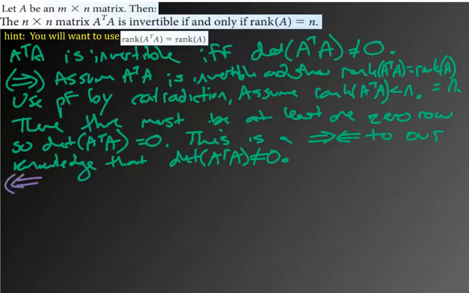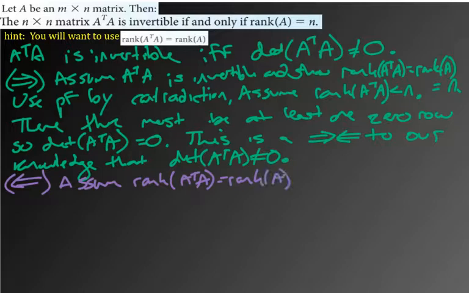So for the reverse direction, pretty similar. So we're going to assume the rank of A transpose A, which is the rank of A, right, by our previous proof, is equal to n, so full rank, and show A transpose A is invertible.